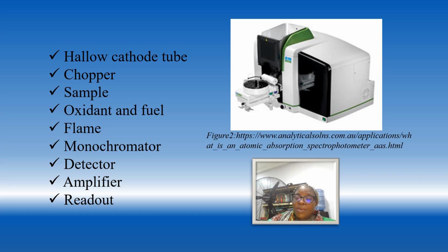It is important that we learn about these components as shown in the schematic diagram in figure 1. The figure 2 here just shows us an example of an AAS. There are several examples, but I've just picked this one to show us what a small AAS looks like.